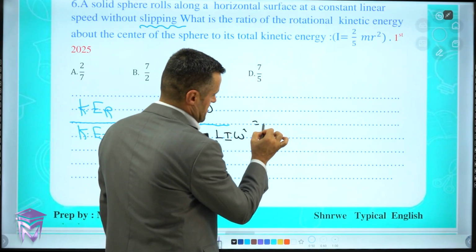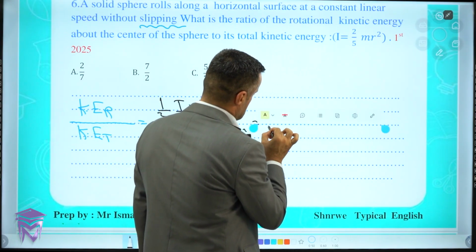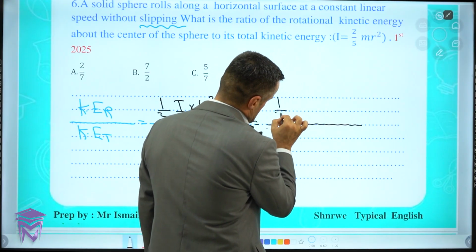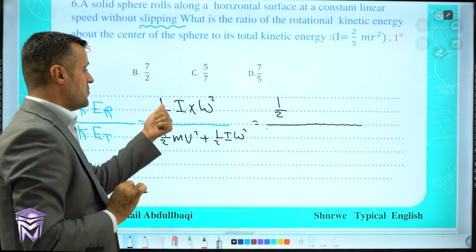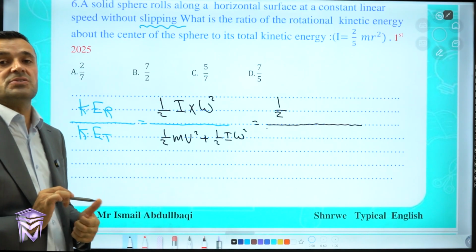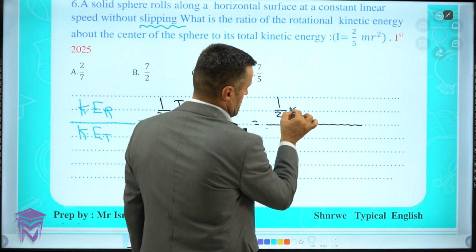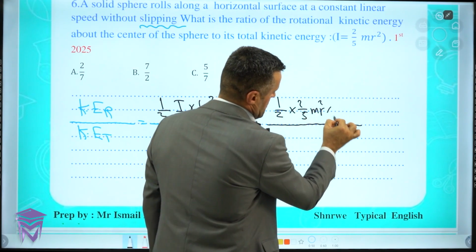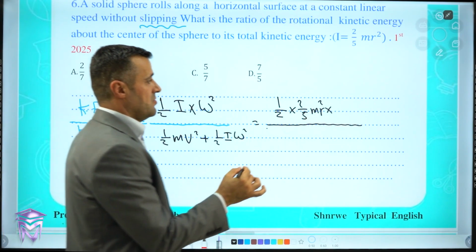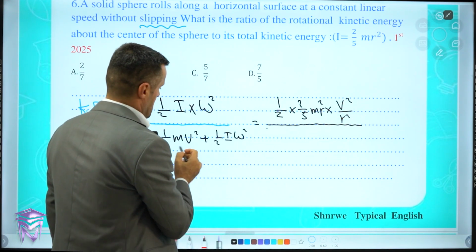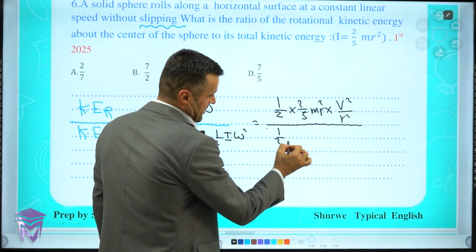After that, 1/2 is constant, but you have to write the moment of inertia of the solid sphere, which equals 2/5 m r square. Omega square equals v power 2 over r power 2.